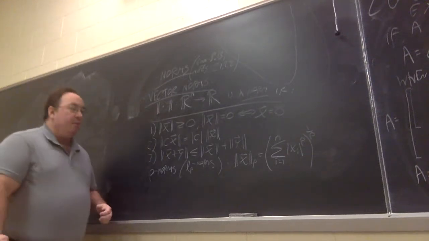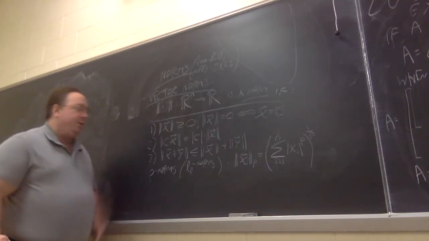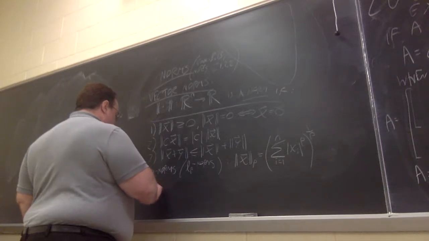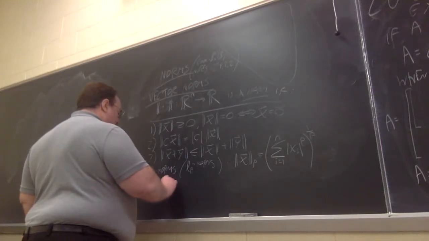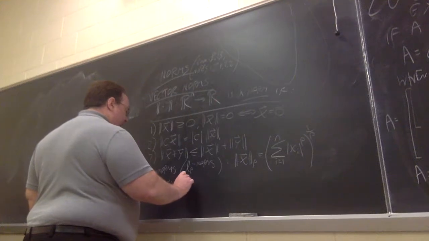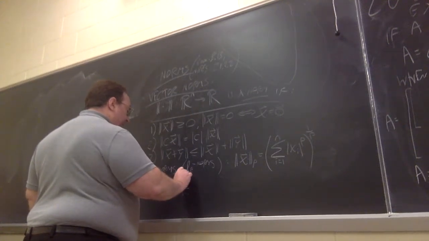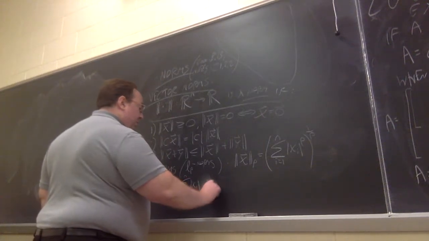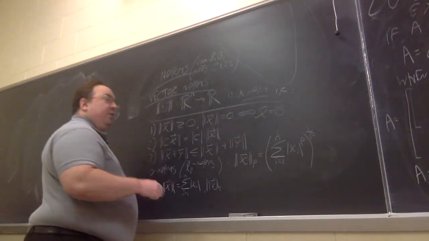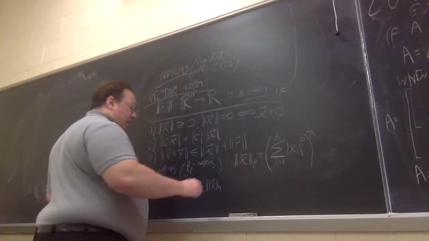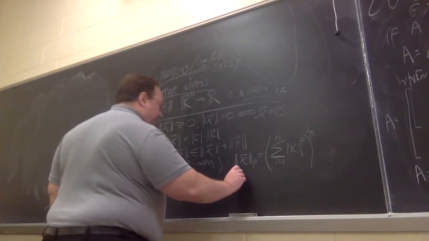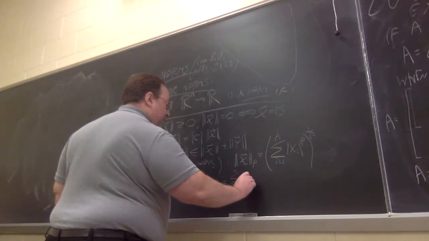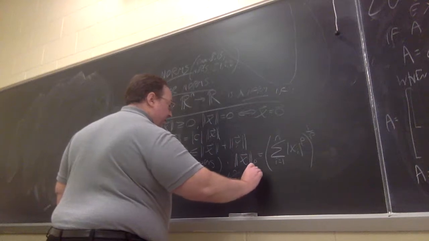Now, among p norms, there are 3 of interest to us. There is the 1 norm, which is just the sum of the absolute values. There is the 2 norm, which you may also know as Euclidean length. Often that's talked about as the magnitude of a vector, but this is just one notion of magnitude. You take the square root of the sum of squares.